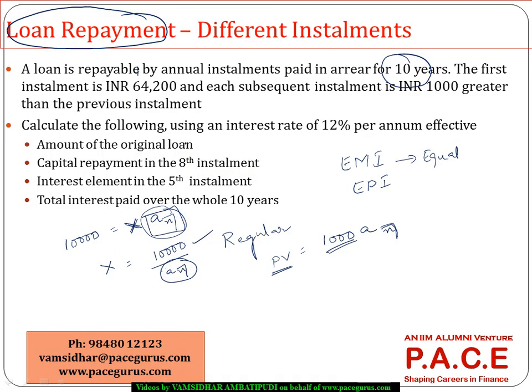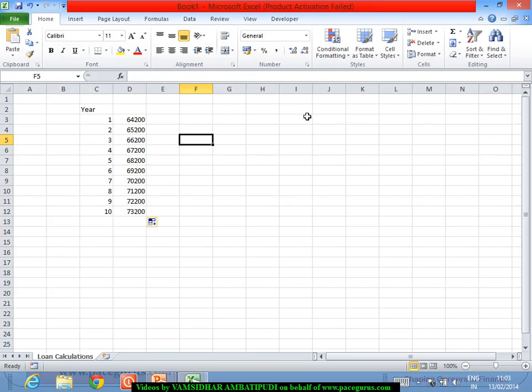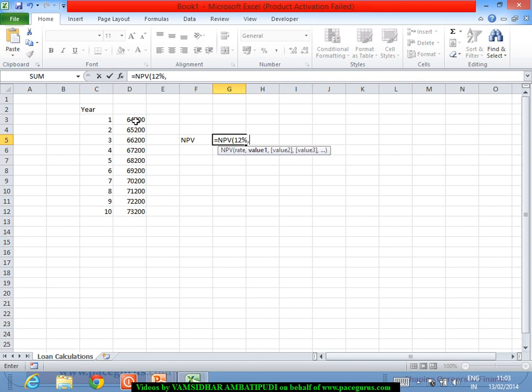Now the question is, how do I calculate the amount of the original loan, assuming that the interest rate is 12%? With a spreadsheet, I can find the NPV, the overall PV of all these cash flows, assuming 12% is the interest rate.